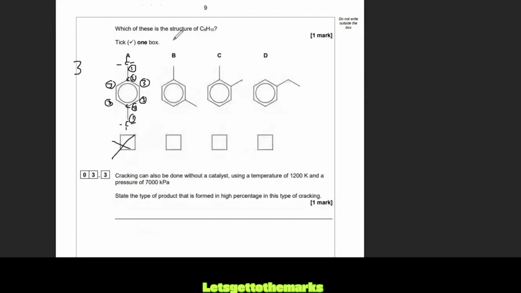Right, let's look at B. Right, that is a unique environment. Is it unique? Well, we'll soon find out, won't we? It's going to be identical to this environment. Now, this might catch you out. Why are these two environments identical?